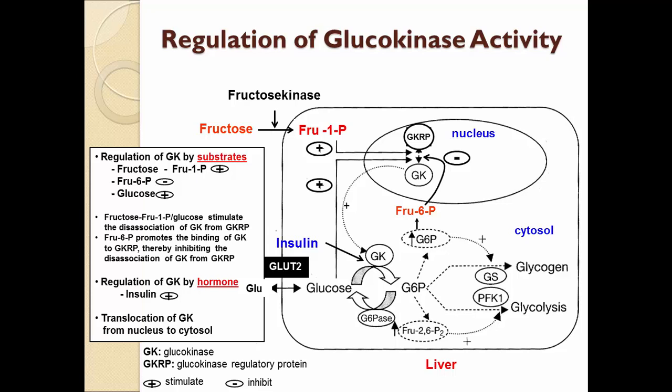When it's located in the nucleus, it's impossible for it to function, because this reaction actually occurs in the cytosol. So in order for glucokinase to be active, it needs to be transported from the nucleus to the cytosol, to the place where the reaction occurs.